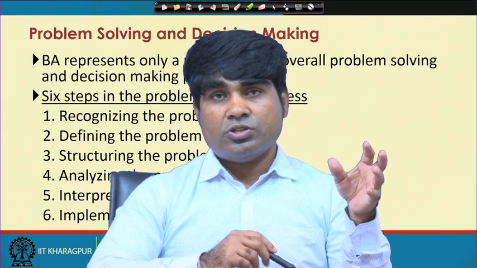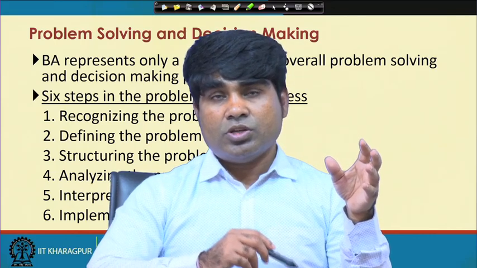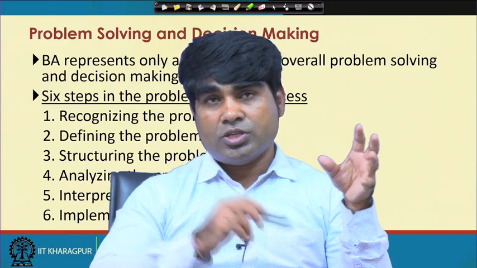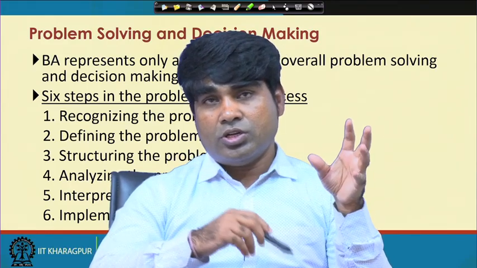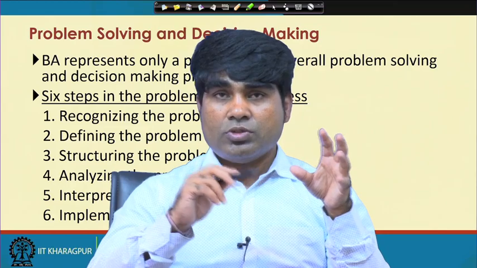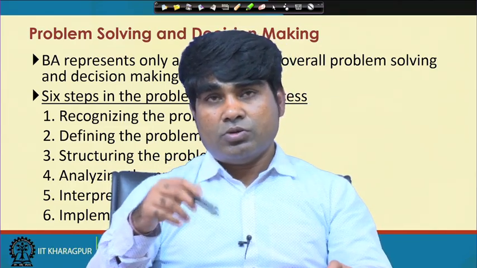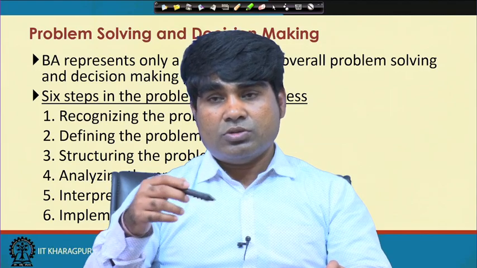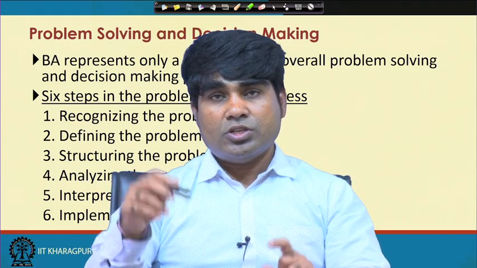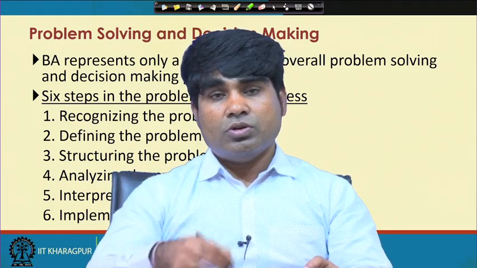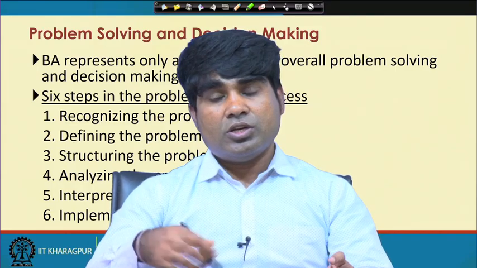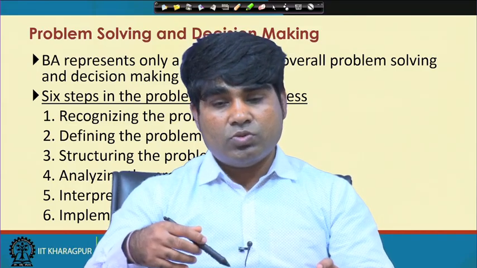Because your process may be wrong somewhere, or your problem identification, orientation or structuring has something wrong. That is how it is a continuous process. When it is not implemented, it means there is something wrong. Again you have to revisit and rework, then finally come to a solution.